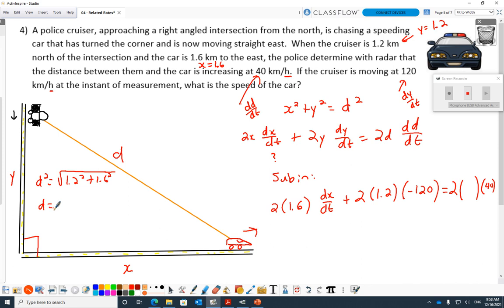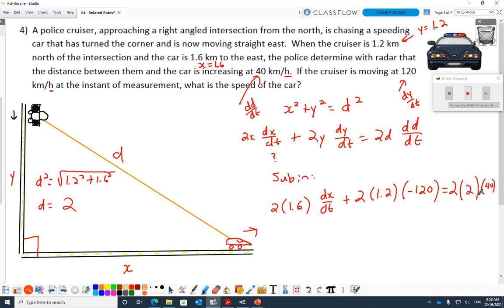And I get d equals, can I do this in my head? 144, 256, it's 4. Is it 2? Is it that easy? Someone on their calculator there? Yeah, it is 2. It was a 3, 4, 5 triangle multiplied by a constant. Okay, it doesn't matter. 2.